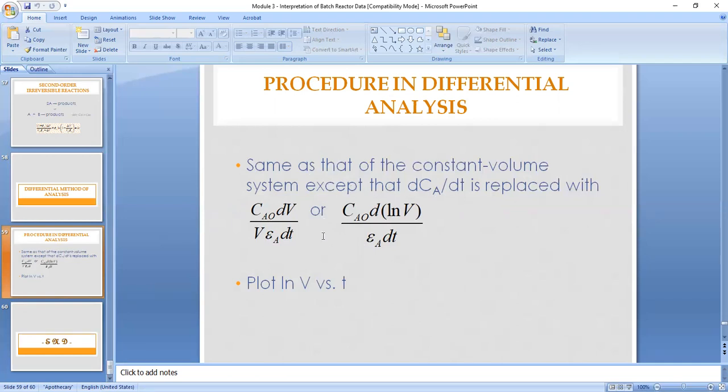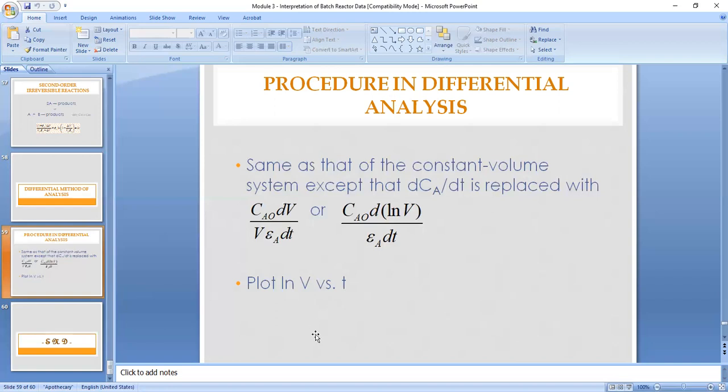And what you're going to plot for varying volume reactions, or varying volume batch reactor data, is the ln of V versus t. Okay? You're not going to plot this one, but you're going to plot the ln of V versus t to get the order and the rate constant for your given reaction, which has, as we said yesterday as well, more than 15 data points, or let's say 10 data points, because 15 is already too large for integral analysis.